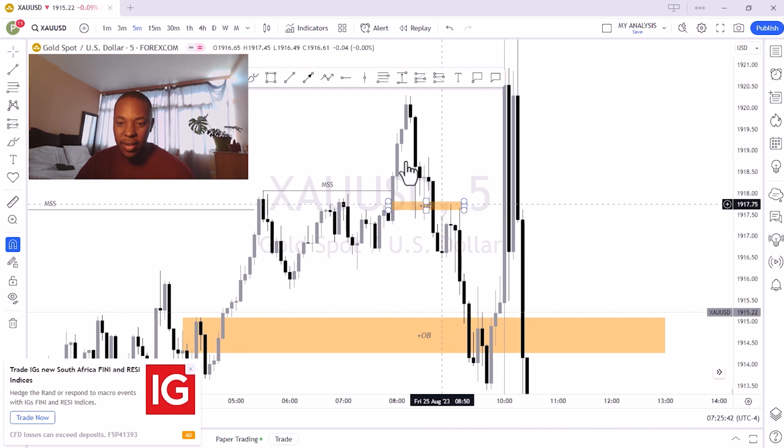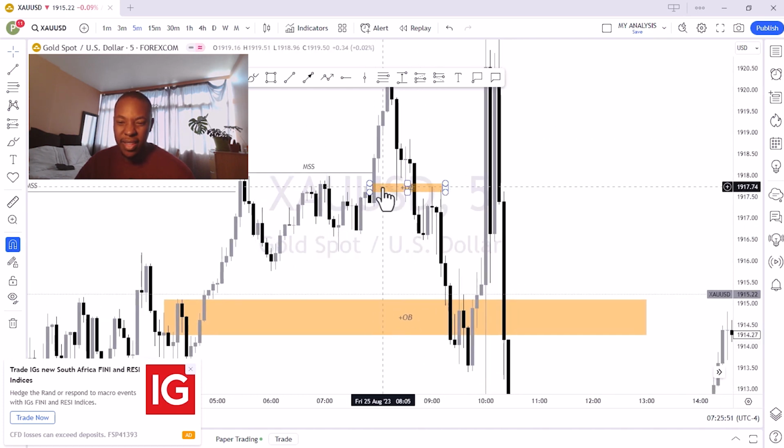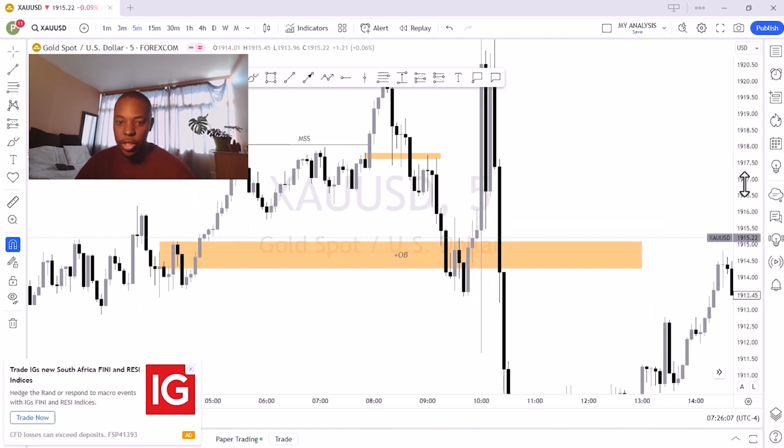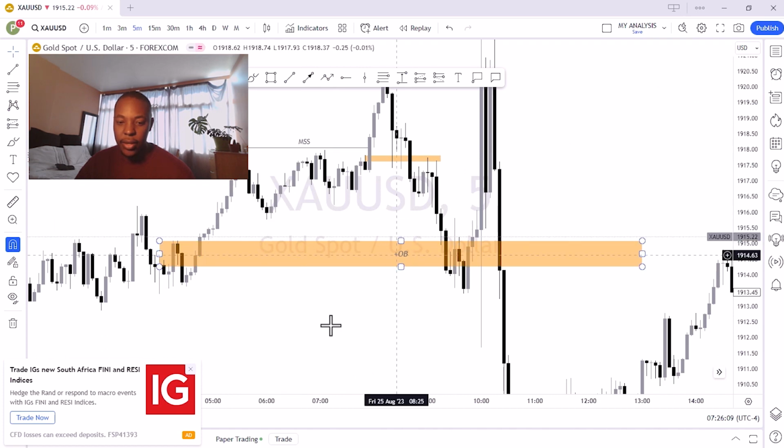falling, came back down. Now using this as a breaker. It changed from a bullish order block to a breaker, so price broke this order block and then went back to retest it, and shot down, which hit my SL.